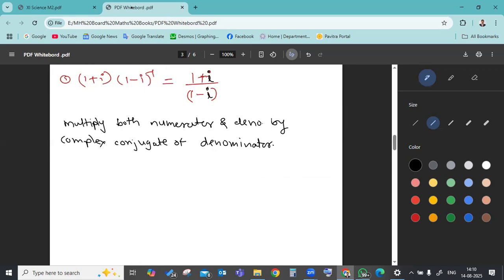Okay, so for this division, 1 plus i divided by 1 minus i, we get 1 plus i in a bracket divided by 1 minus i in a bracket, multiplied by the complex conjugate of the denominator. Now what is the complex conjugate of the denominator?